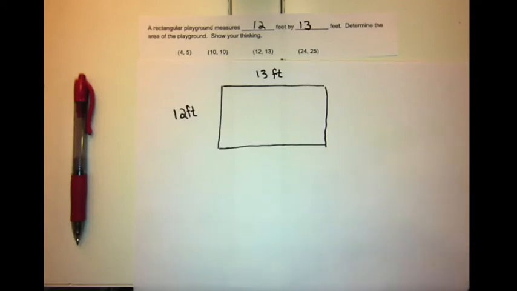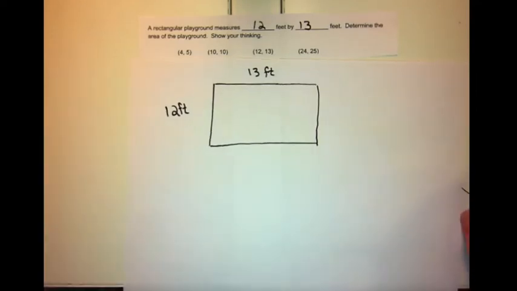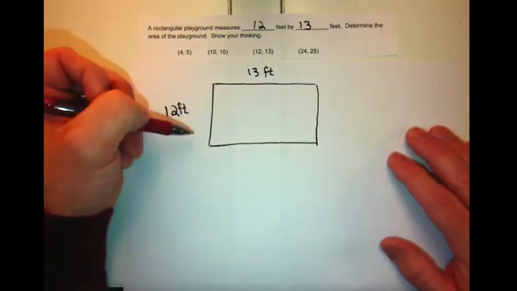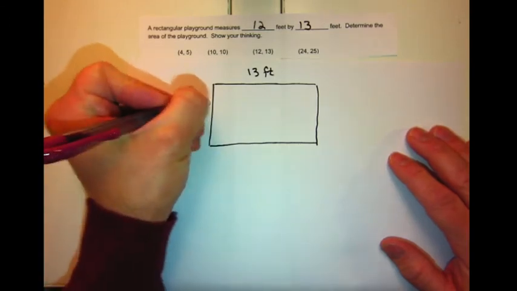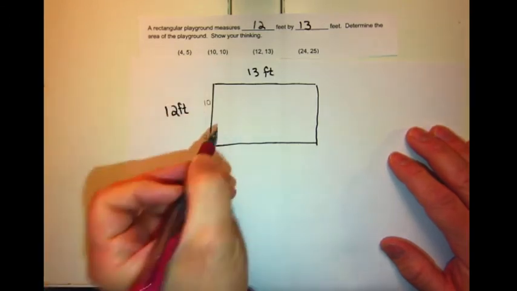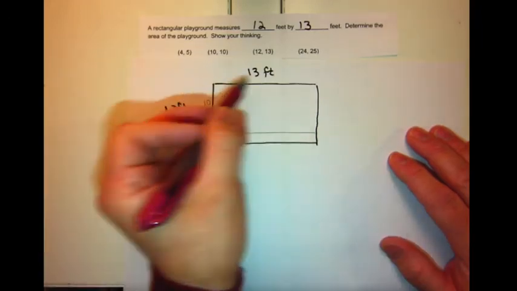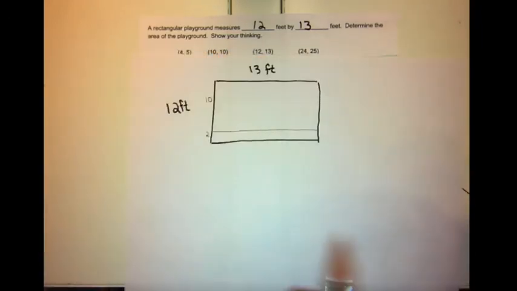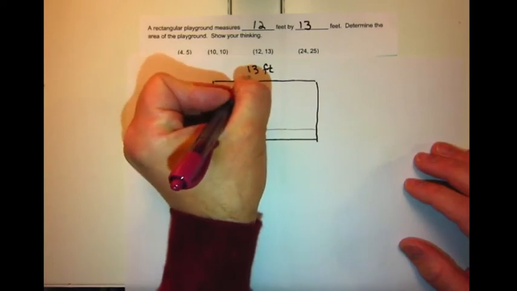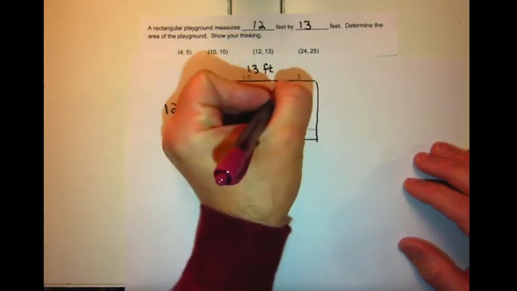So now what I could do is use some of the reasoning that I learned previously and break this 12 into 10 and 2. Kind of like what I did before. And I can break this 13 down. I can decompose it into a 10 and a 3.